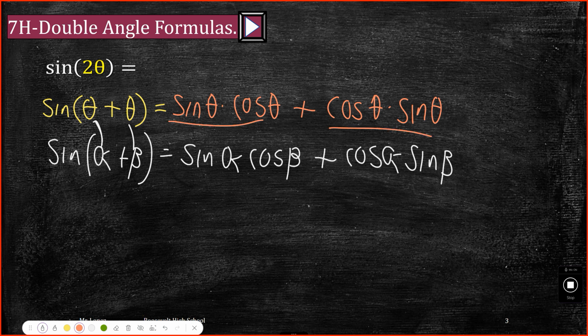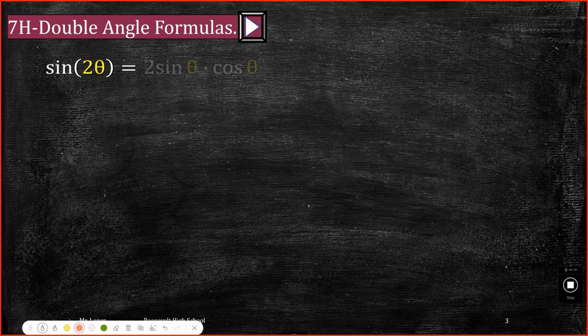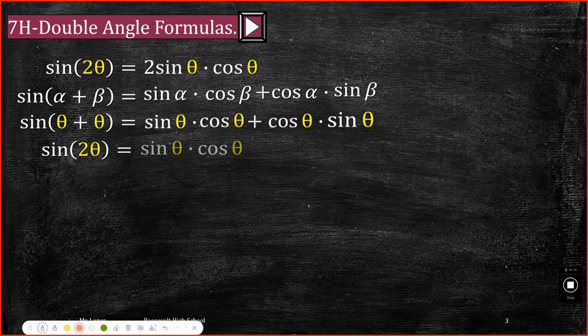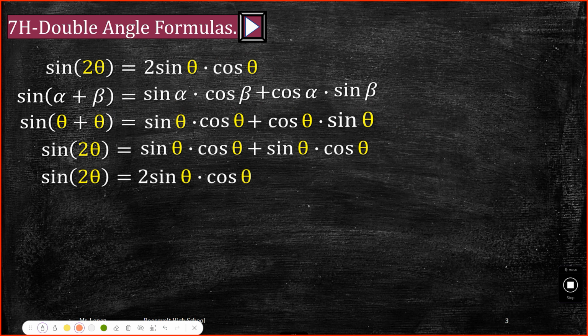This is this, and you got 2 of the same thing again. So then this sine 2 theta turns out to be 2 sine theta cosine theta. There's our first double angle identity. Sine 2 theta is 2 sine theta cosine theta. Okay, well, there's the proof, but that's what it is. Sine 2 theta is 2 sine theta cosine theta.